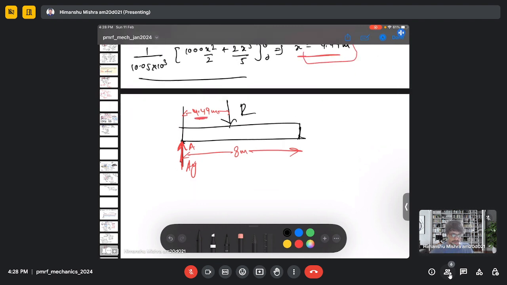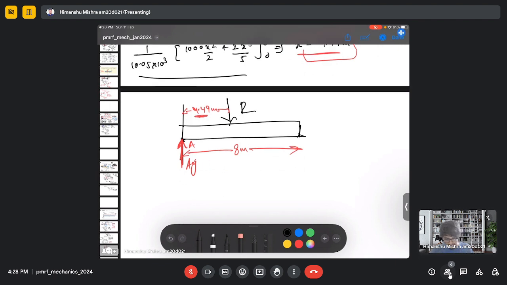So now, in order to find the reaction at A, we need to take the moment at A. One can find the moment at A from this.